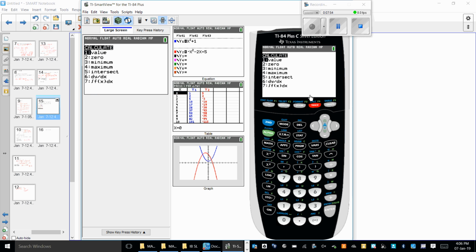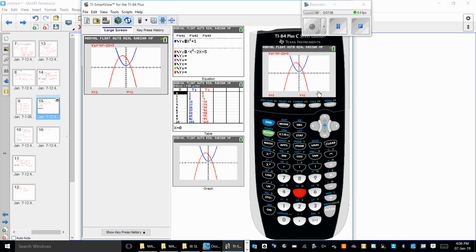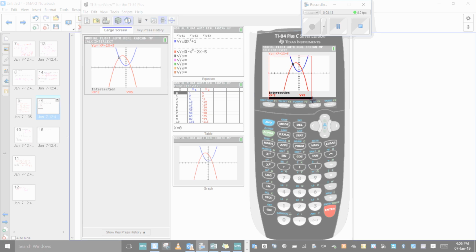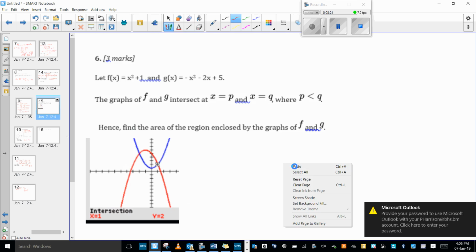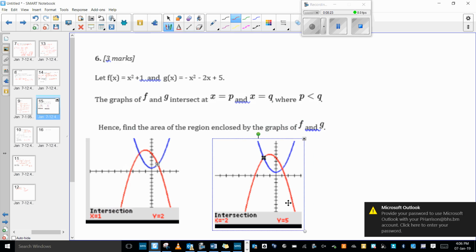Calc intersect. We'll shift it over to nearer this one. Enter, enter. So this is negative 2, 5. Remember, it's also important that we check whether any of it's below the axis. It's not, it's all above.